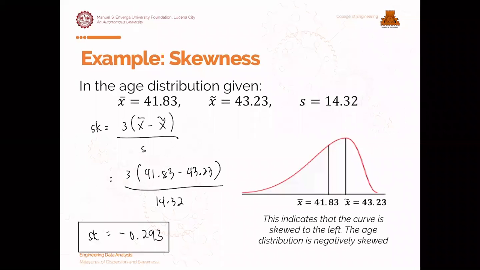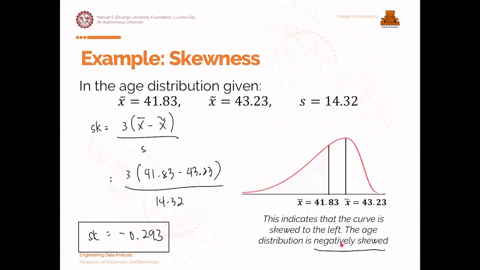So yung degree of skewness natin is on a negative side. So meaning yung given set of data natin is negatively skewed distribution. Okay? So ibig sabihin mas longer yung tail dun sa left side. Okay? So sa original na given, hindi kasama tong figure na to, no?